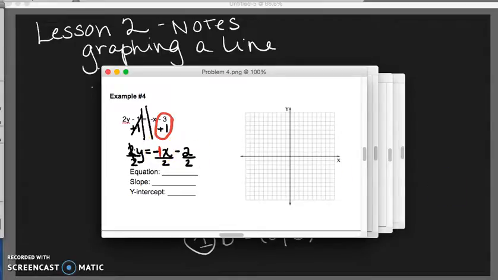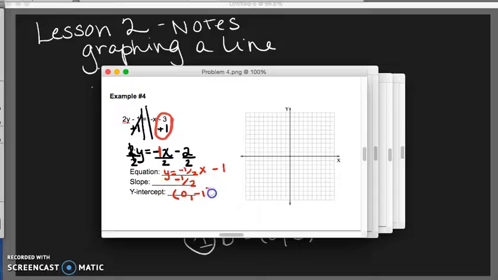So your slope in this case is not going to be just negative 2, but your equation will be y equals negative 1/2 x. There's your slope. Negative 2 divided by 2 gives you a negative 1. So your slope is negative 1/2. And your y-intercept is 0, negative 1.